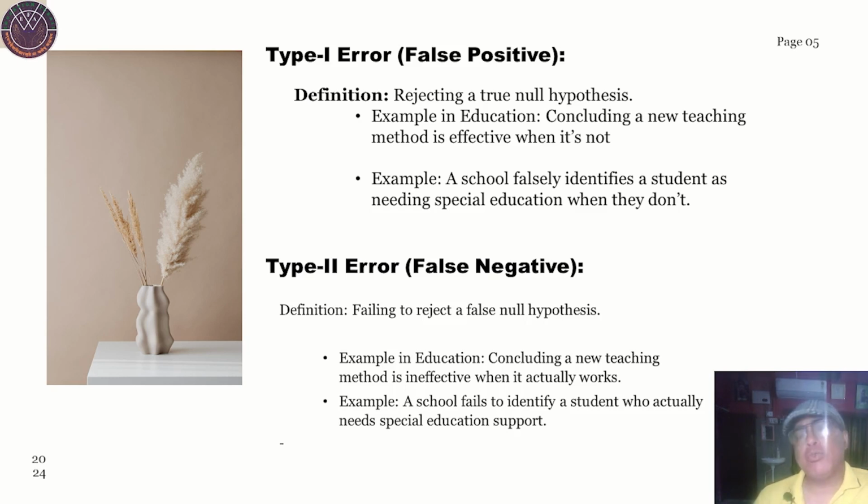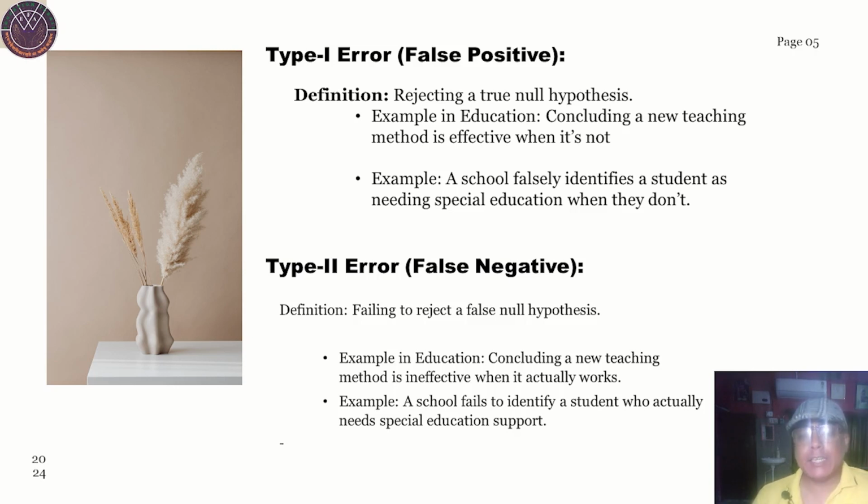It may be due to various reasons, your instrumental error, or your small sample size, whatever the reason, but you have taken a wrong decision that your system is working or there is a relationship. Then it is called type 1 error.